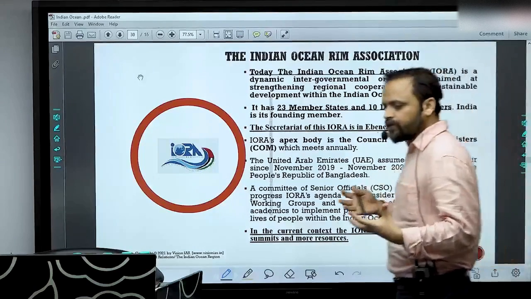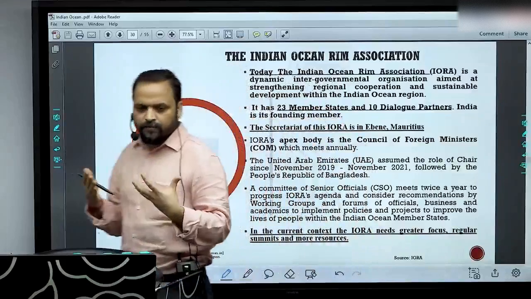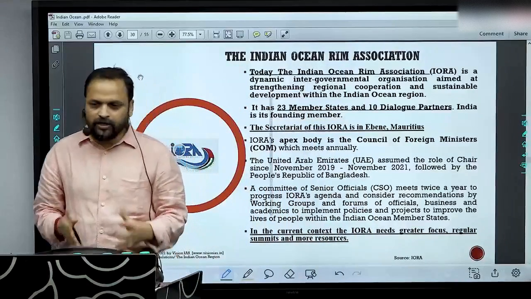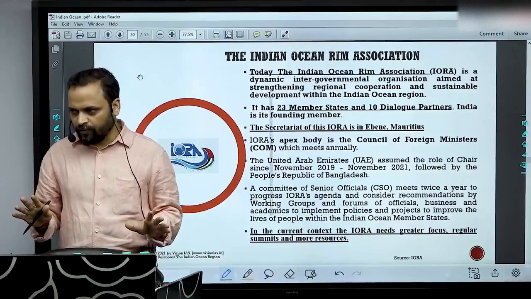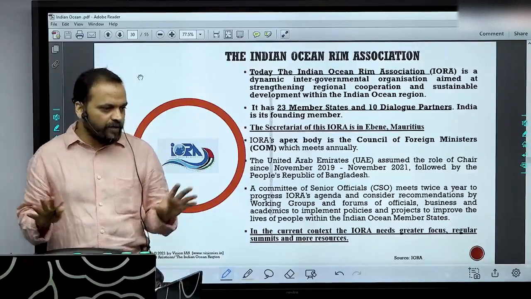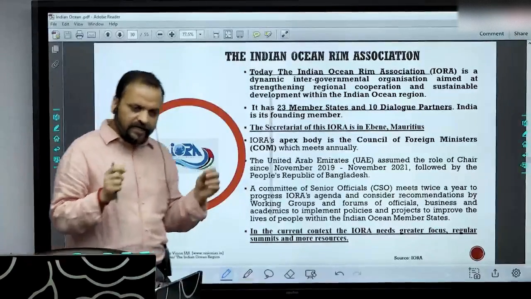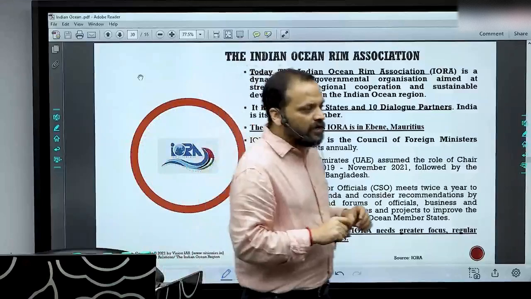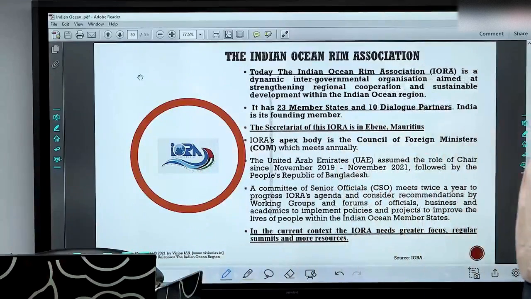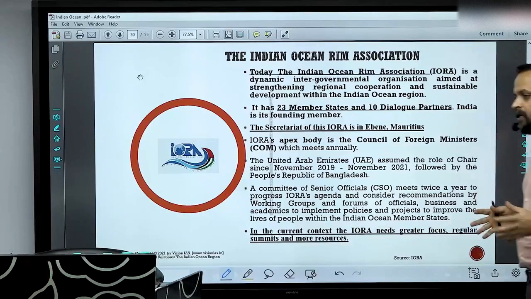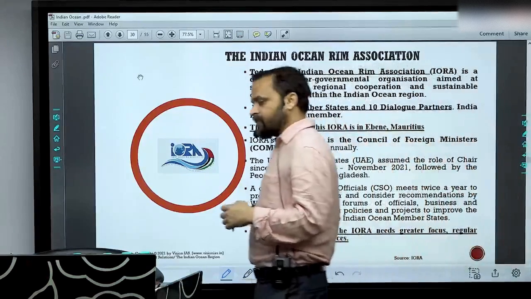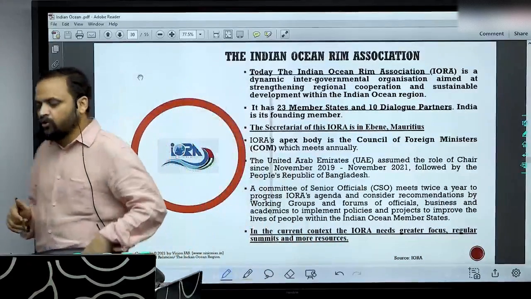What kind of cooperation? Socio-economic political cooperation, not necessarily security cooperation, right? Socio-economic political cooperation is the aim. And in recent times, one of the clearest objectives of the IORA is to develop cooperation in blue economy. All right, so widest form of cooperation defined as promoting the idea of blue economy.